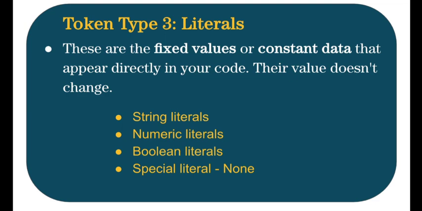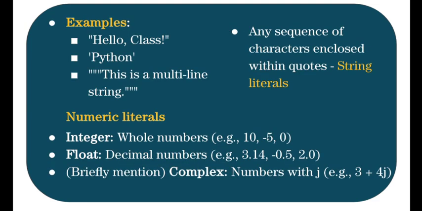There are different types of literals: string literals, numeric literals, boolean literals, and a special literal, None. Any sequence of characters enclosed within quotes is a string literal. It can be single quotes, double quotes, or triple quotes.